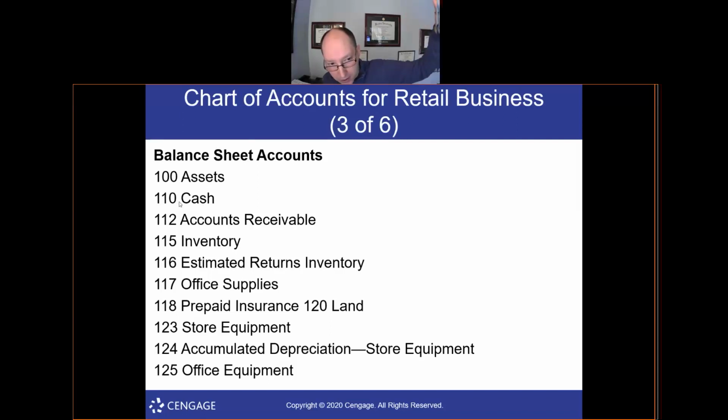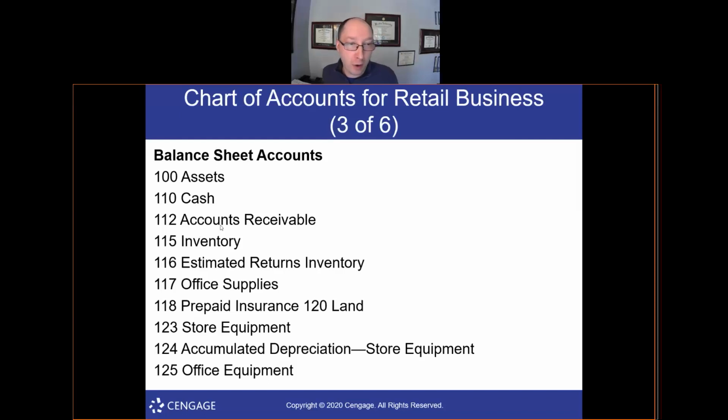In the numbering, the first digit represents asset, and the next digit represents the order of that asset.